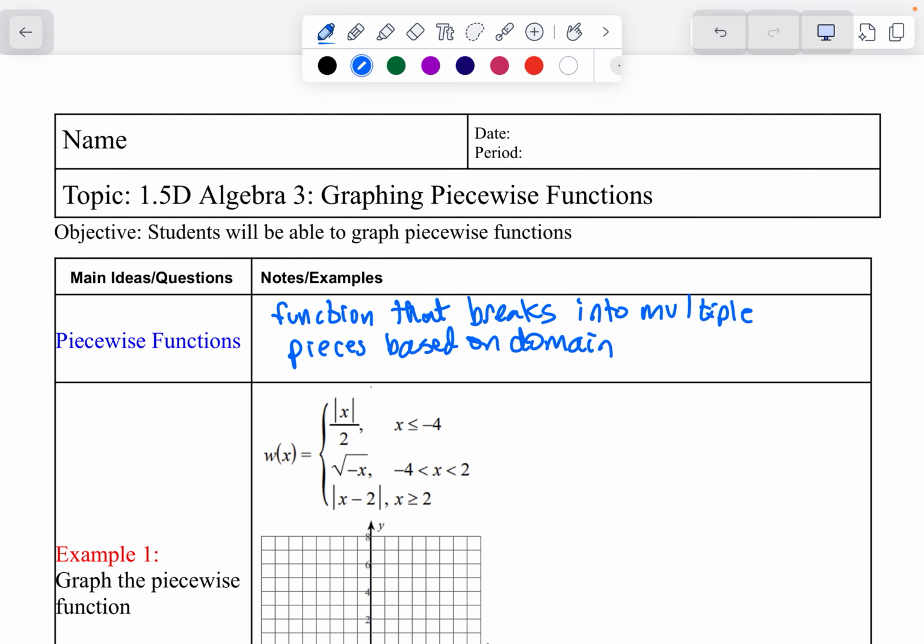So many times you will see a bracket like we see in our function down here, okay? So it says to graph the piecewise function.